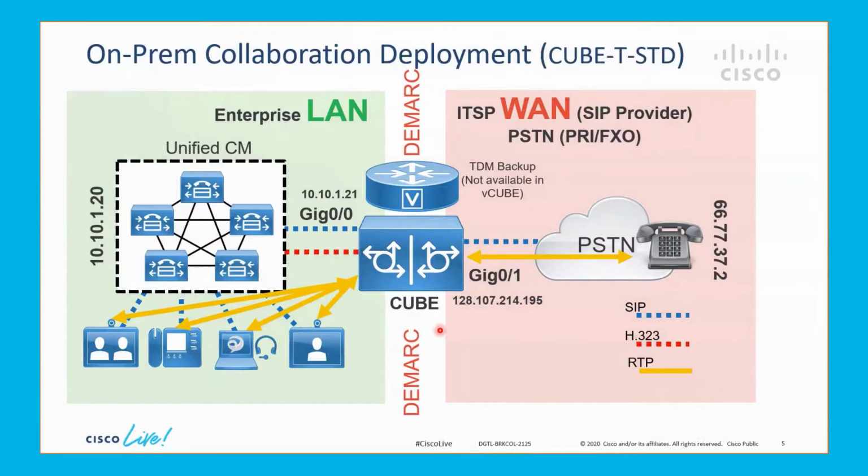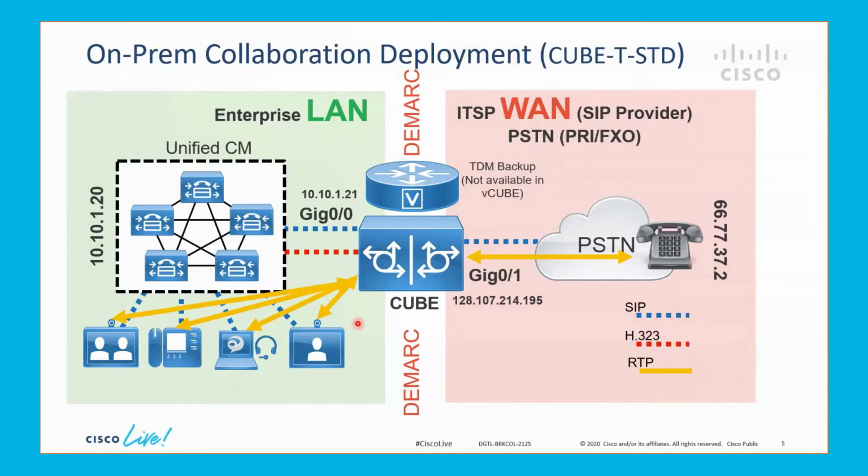It provides a demarcation between what we like to refer to as the customer's enterprise LAN segment and the service provider WAN segment. So it allows for SIP to SIP connectivity from the enterprise UC site to the service provider and vice versa.